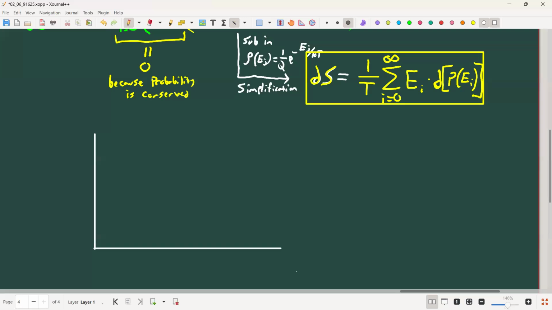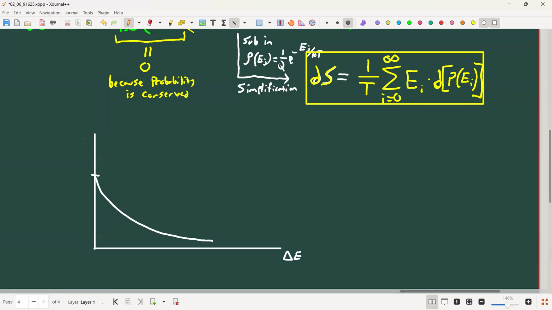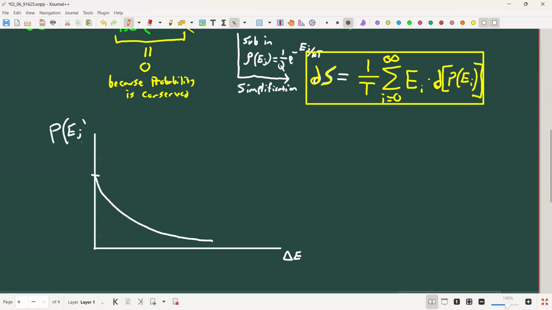And what you're going to plot is the number of answers versus the energy, the probability of getting that answer. And what we found, of course, is that's the Boltzmann distribution, e to the minus. So at some temperature, we could say that the distribution looks something like this. This is delta E, and this is the probability of observing delta E. I'll just write E instead.